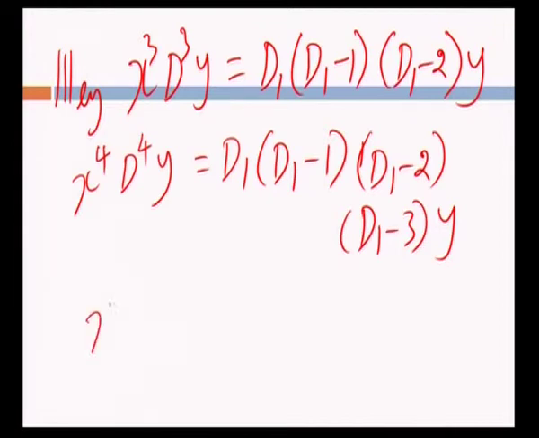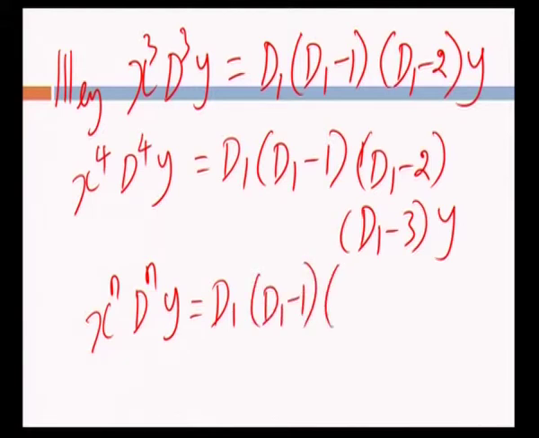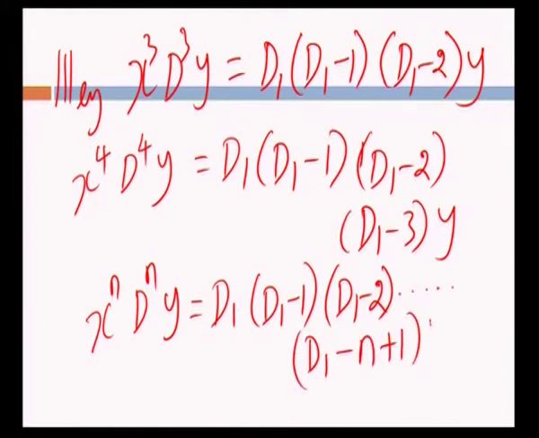In general, x power n D power n y can be written as D1 into D1 minus 1 into D1 minus 2 etc. goes till D1 minus n plus 1 into y.